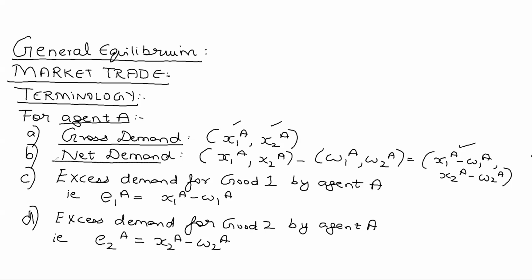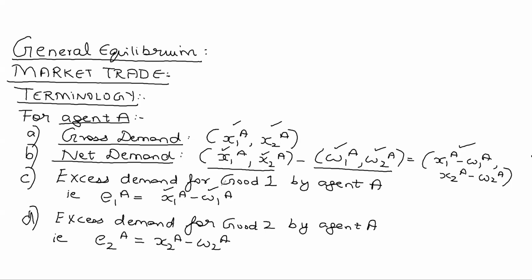His net demand is the difference between his gross demand and his endowment: x1a minus omega 1a, x2a minus omega 2a. The excess demand for good one by agent A is the amount agent A consumes over and above his endowment, so x1a minus omega 1a.